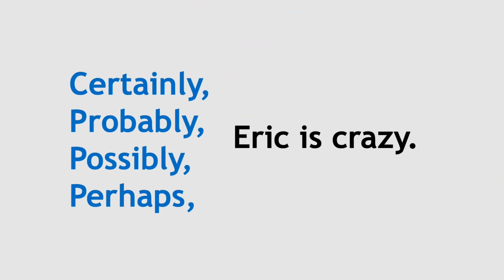I'm sure you notice that these adverbs can be put at the beginning of a sentence, such as certainly, followed by a comma. Erik is crazy, probably, possibly, perhaps, or even of course, comma, Erik is lazy or crazy. Of course, sometimes I'm lazy, but basically you have an idea.